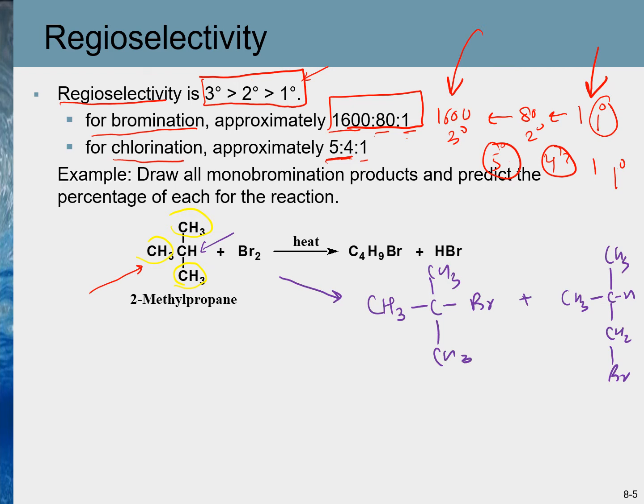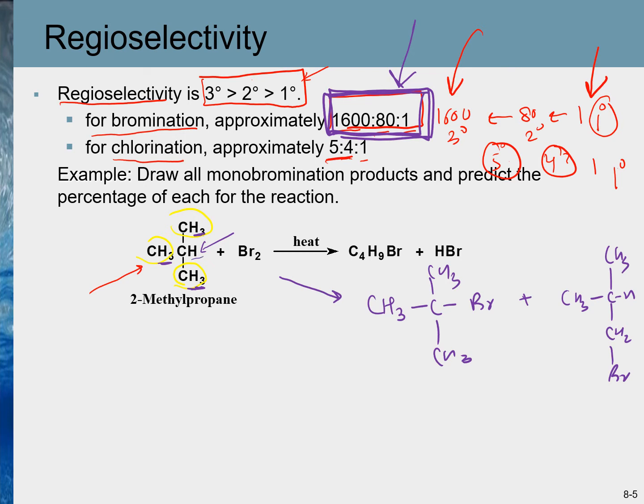We know that the ratio follows this rule: for every one primary, we have 1600 tertiary products. In this case, we have 9 primary hydrogens. So 3 here, 3 here, and 3 here. So total 9 primary hydrogens and only 1 tertiary hydrogen.